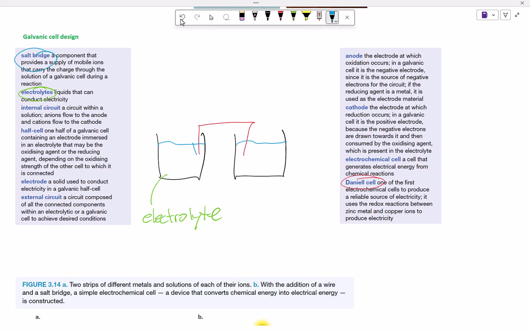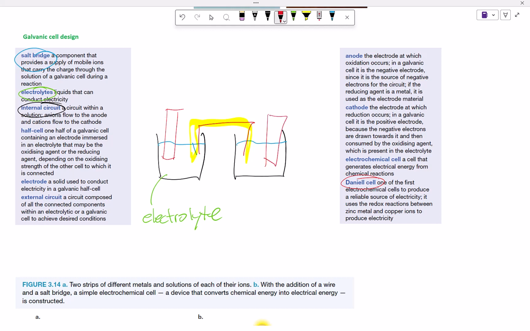And now this part here is really what we would call the inner circuit. That's our inner circuit that we've talked about. We're talking about what's in a half cell. So what else have we got in a half cell? What else we've got is our electrodes. We'll go into those in a bit more detail in a moment.